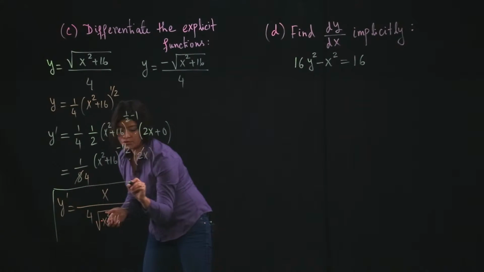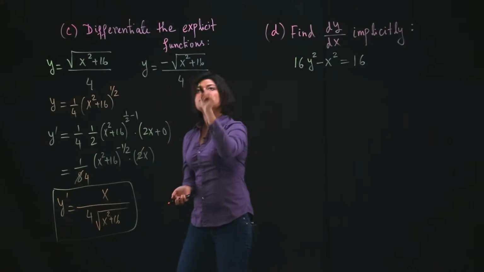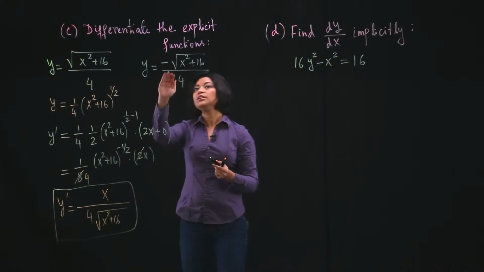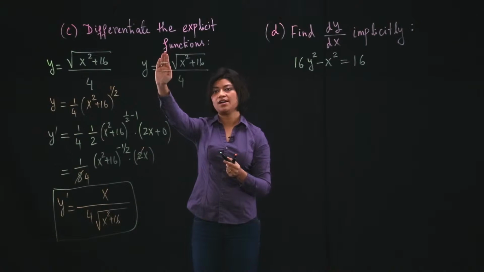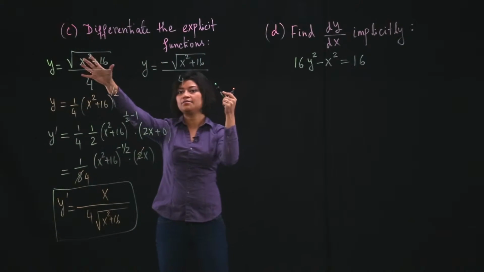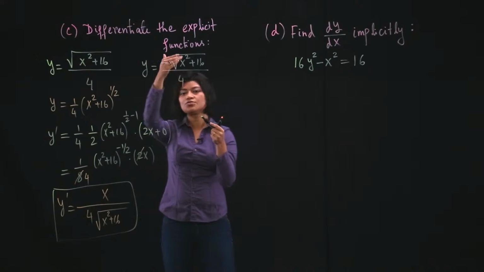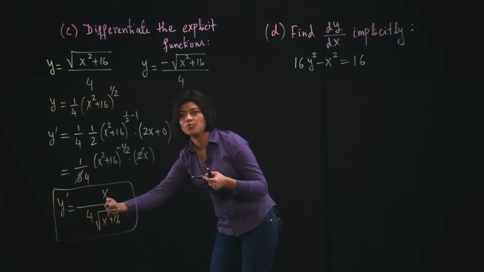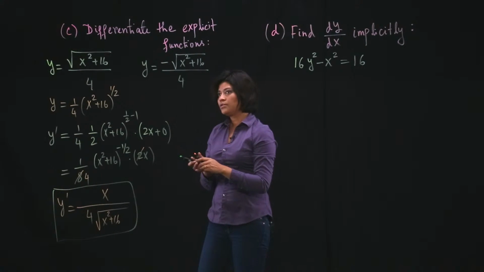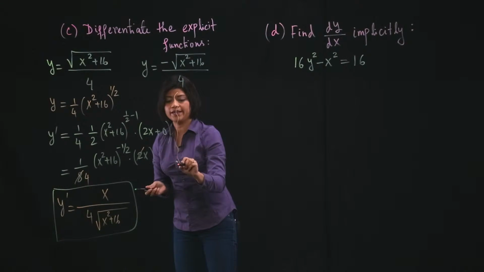So let's think about the second explicit form. Note, if you just ignore the negative sign, this expression is exactly like the first explicit form. So its derivative will be exactly the same one, except we will have to put the negative sign in. So you don't have to do the whole thing again.